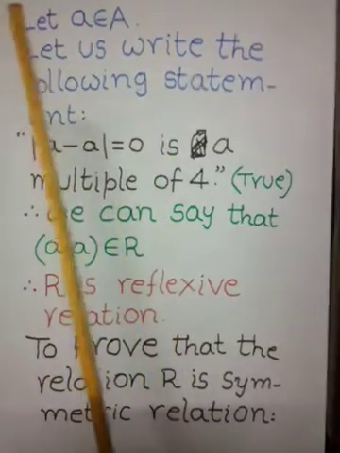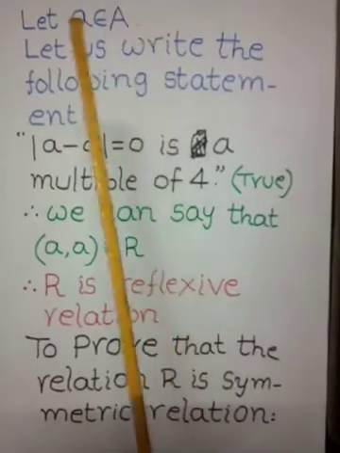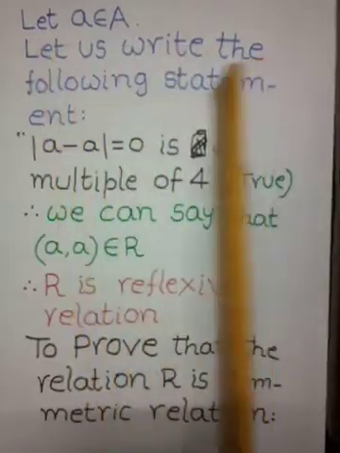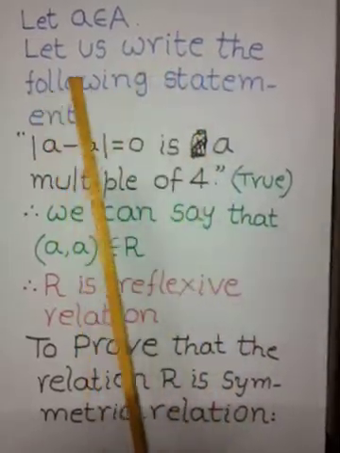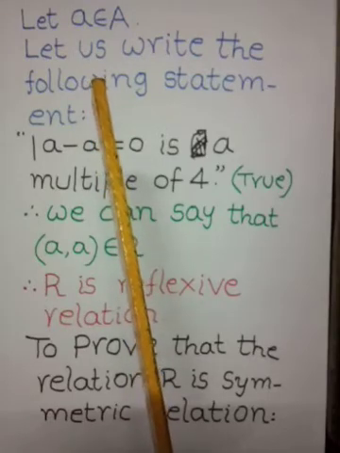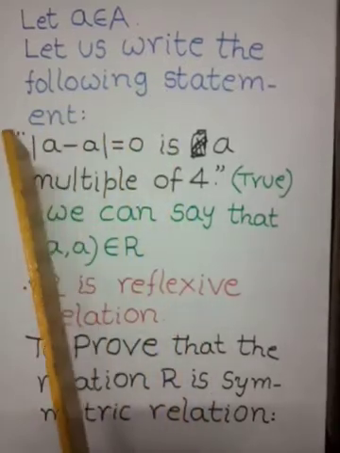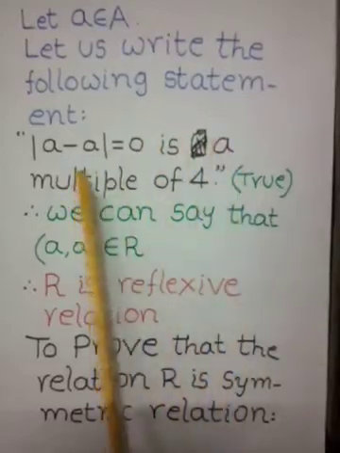Now let us take one and only one element, namely a belongs to A. Now let us rewrite the given relation, just replacing a and b by a and a only. We get this statement: modulus of a minus a, which is equal to 0, is a multiple of 4.